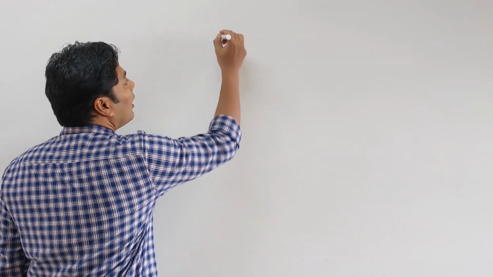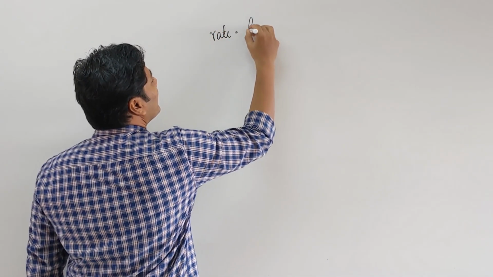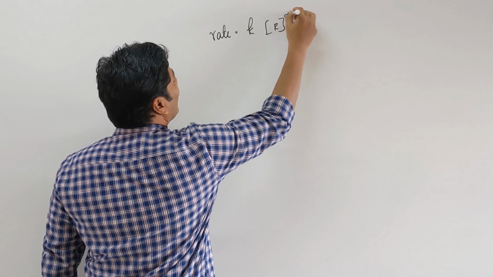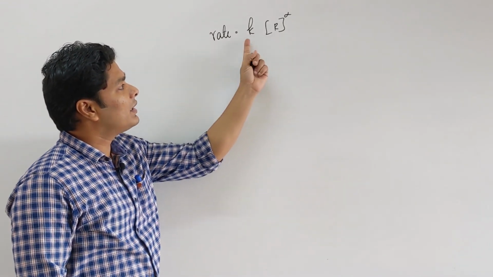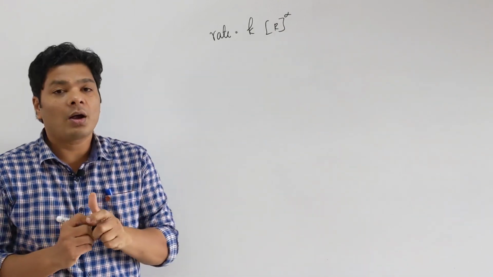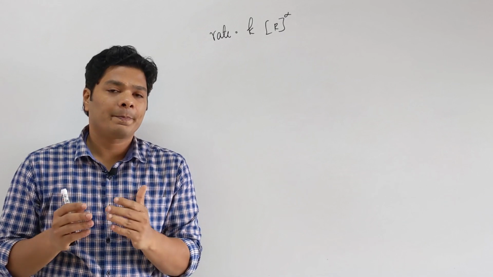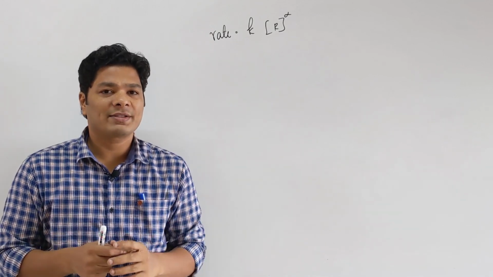The other thing that we can do is, we know a rate law. Rate equals some rate constant times the concentration of the reactant to the power alpha. So now we know the rate is dependent on K and the rate is dependent on R. So you can increase the concentration of the reactants. But if there is a question, does increasing the concentration of the reactant increase the rate always?